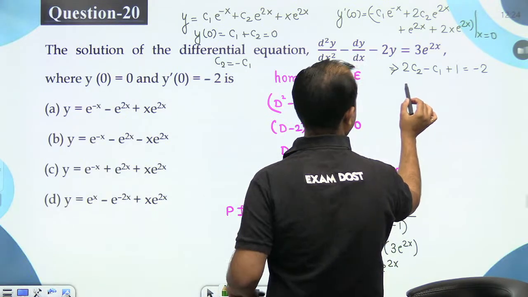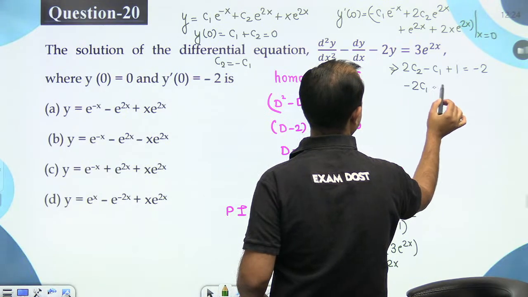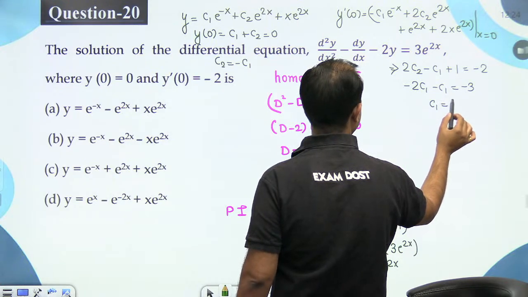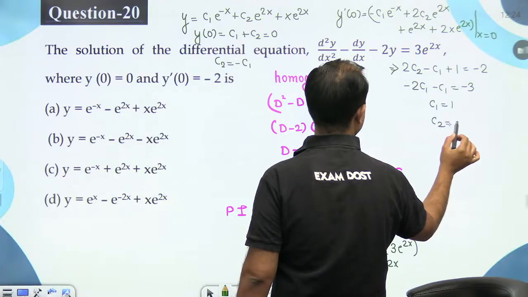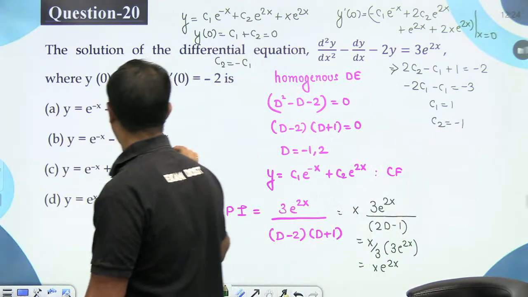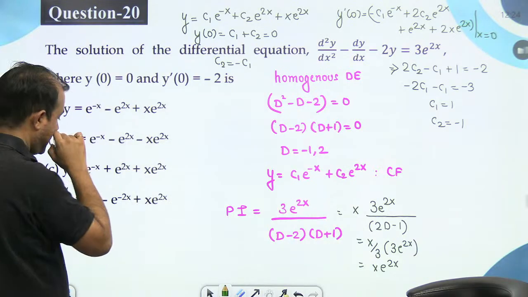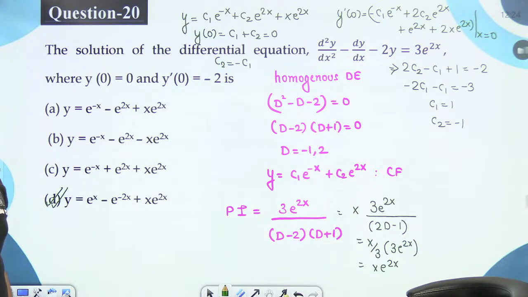Now C2 is −C1. So the answer will be D. The answer will be D.